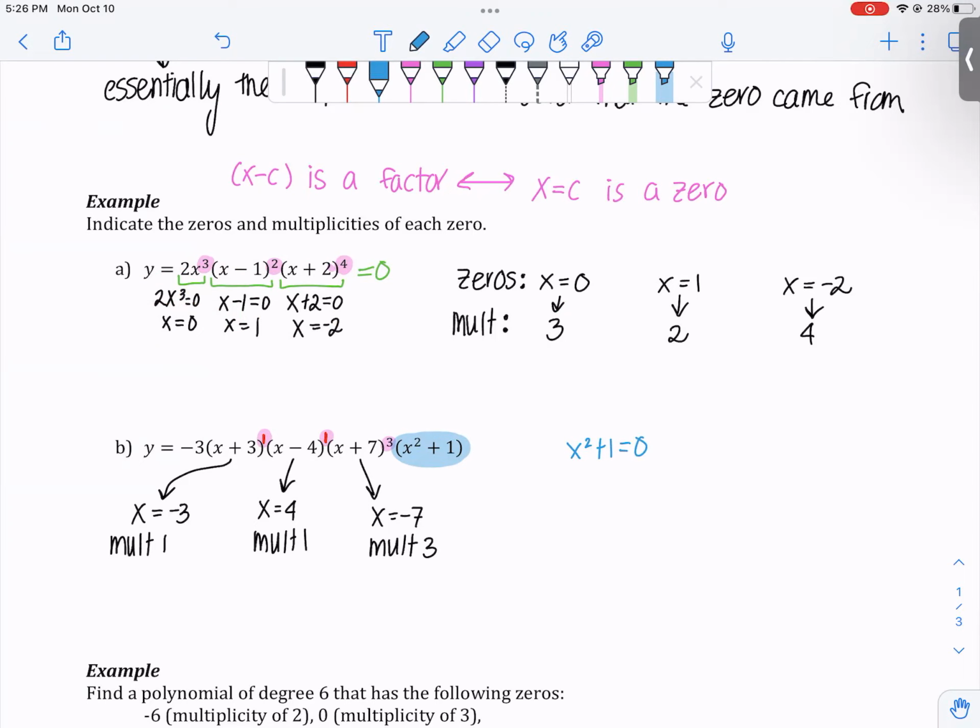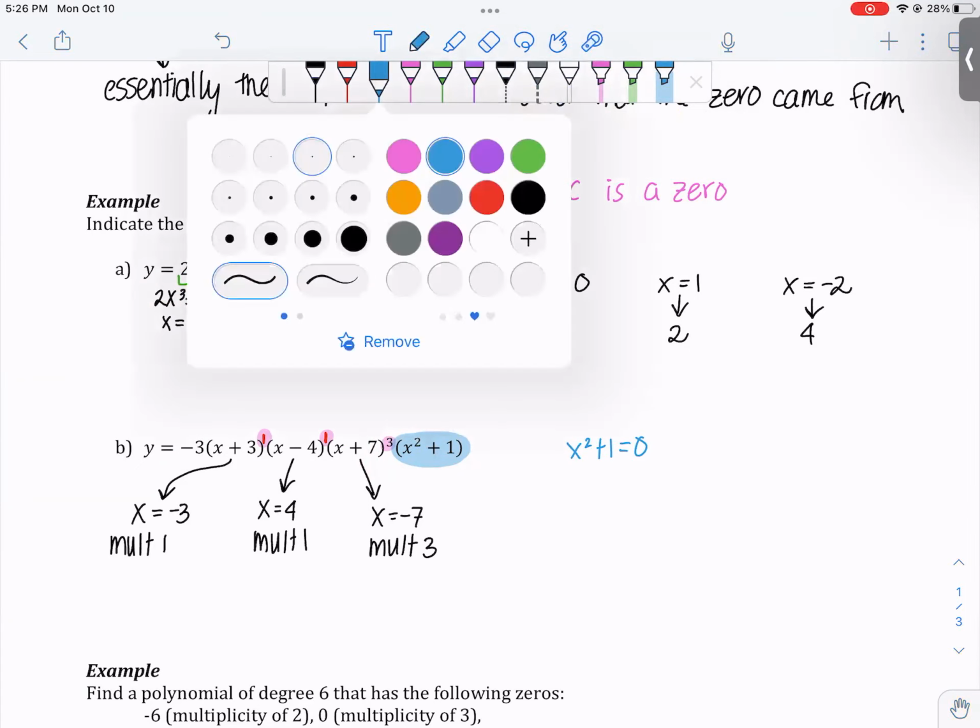It never equals 0, it has no zeros. So sometimes you end up with factors that just don't contribute any zeros. Technically, they're contributing imaginary zeros, but we're not getting into that. So if you ever end up with a sum of squares, or a quadratic that doesn't factor, that would not contribute to your zeros.